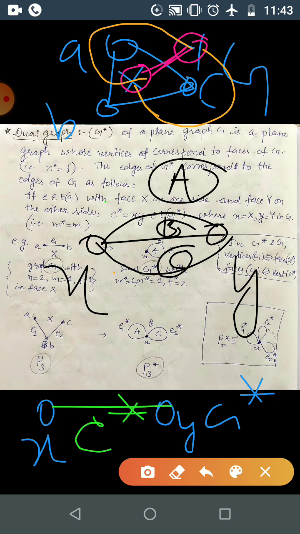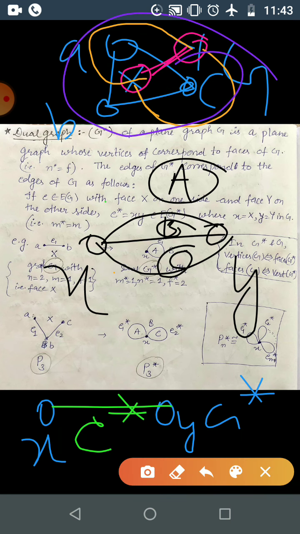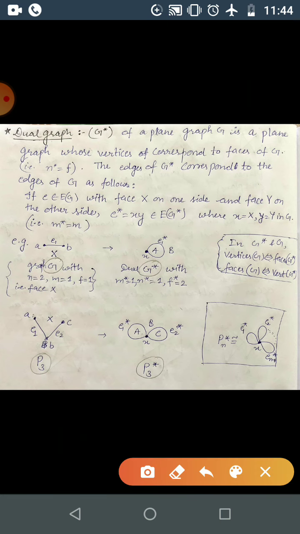So in this graph we have three vertices, and here also three faces, because these correspond. Here two faces, so here two vertices, and here three edges, so here also three edges. I hope you got it.